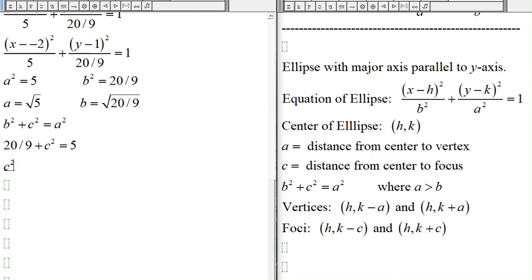So c squared equals, subtract 20 over 9 from both sides, and 5 minus 20 over 9 is 25 over 9. And then take the square roots, and we get c equal to the square root of 25 over 9, which is 5/3.